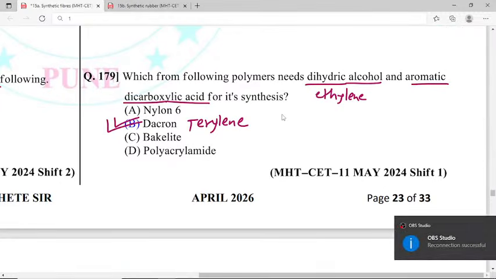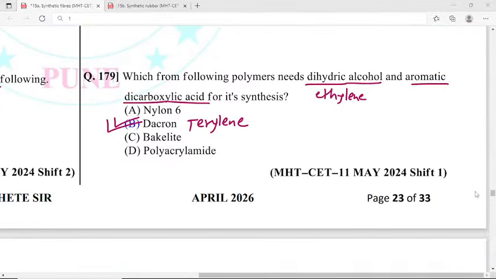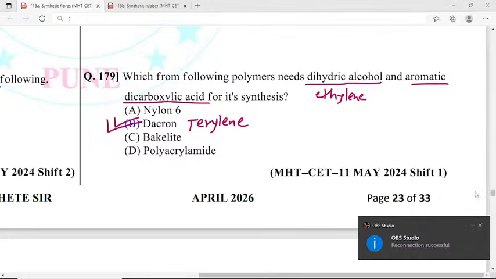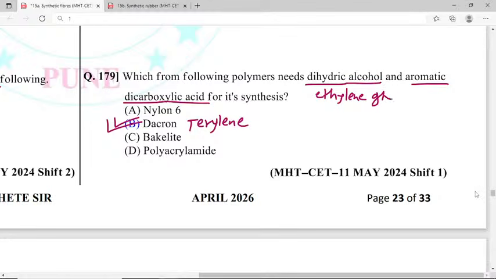Which from the following: ethylene glycol and aromatic dicarboxylic acid. The aromatic dicarboxylic acid is terephthalic acid.